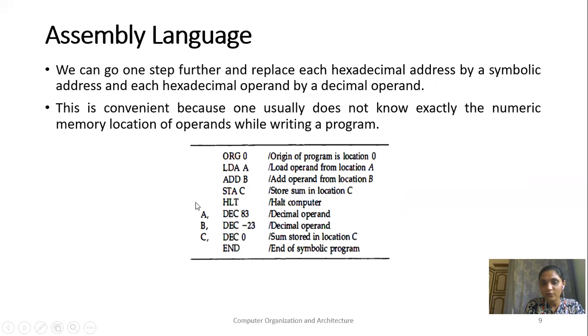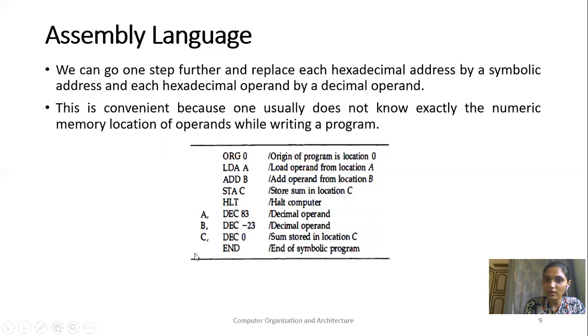This is your label field, this is your instruction field, and this is your comment field. Your instruction can be any memory reference instruction, non-memory reference instruction, that is, a register reference or IO reference instruction, or a pseudo instruction.